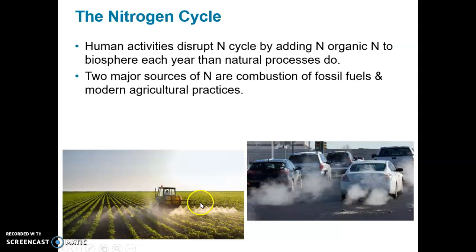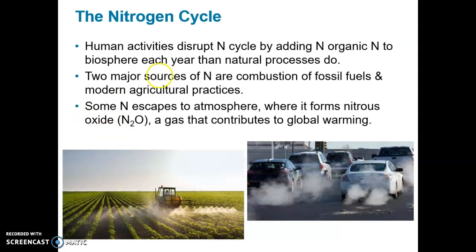If you do gardening, you do a similar thing by adding fertilizer, and part of that component that you're adding is nitrogen-containing molecules to help plants grow faster and healthier. So some nitrogen will escape into the atmosphere, where it can form nitrous oxide, and it's a gas that contributes to global warming. So another thing that humans can do that's harmful to the environment.